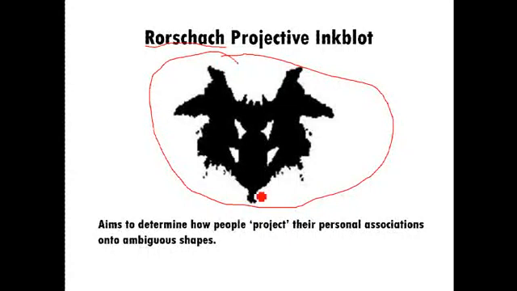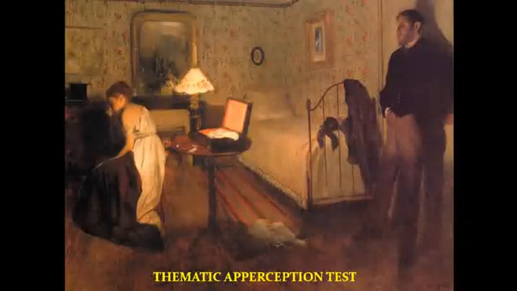The thinking being, again, in a very Freudian stance, that people project their personalities, their needs, their desires, their ways of being onto this stimulus. Again, it doesn't quite do what it says on the tin, and responses to Rorschach tests tend not to be consistent, not consistent across ink blots, not consistent across people. It isn't very good at what it's meant to do.